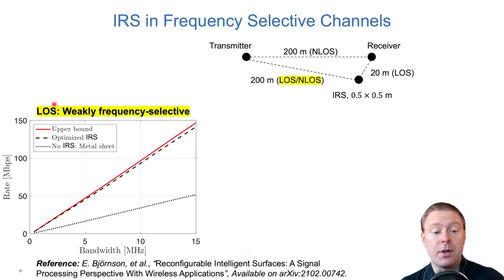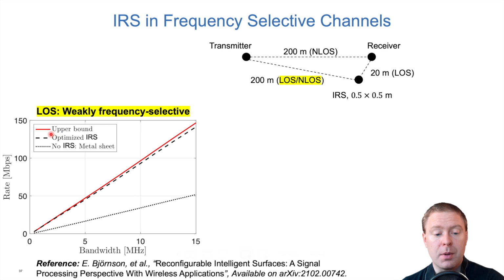And let us consider first when we have a line of sight channel between transmitter and receiver. So there is a direct path and then there are some scattered paths around it, but those ones are usually much weaker than the true line of sight path. Then what I'm showing here is the rate in megabits per second as I'm changing the bandwidth on my signal.